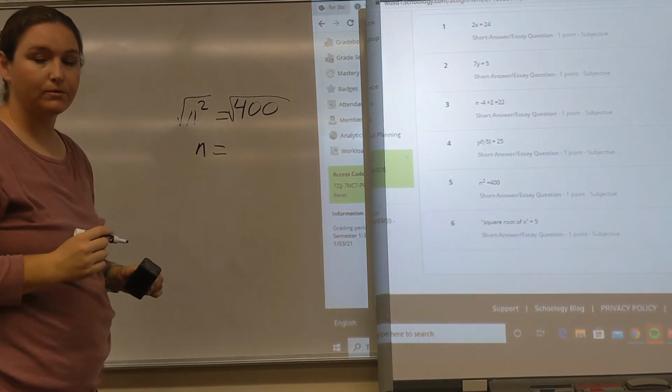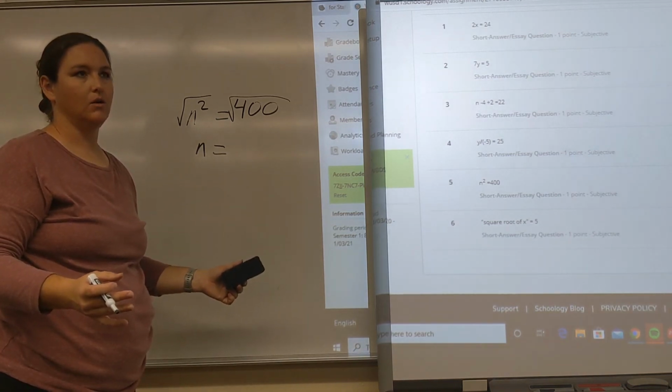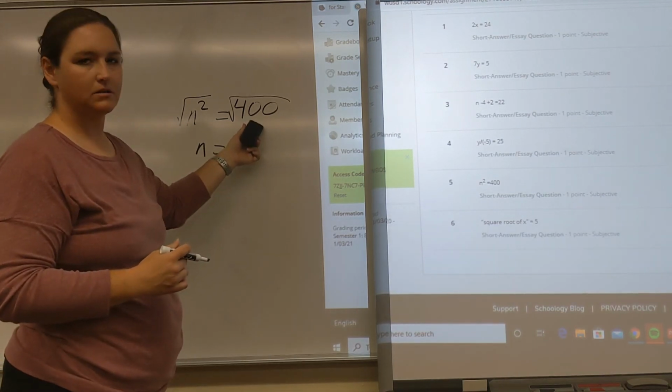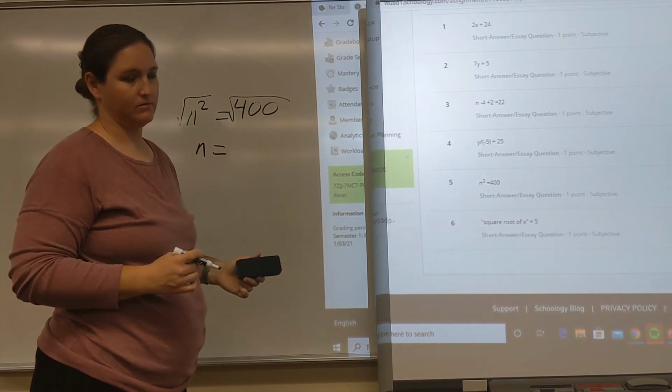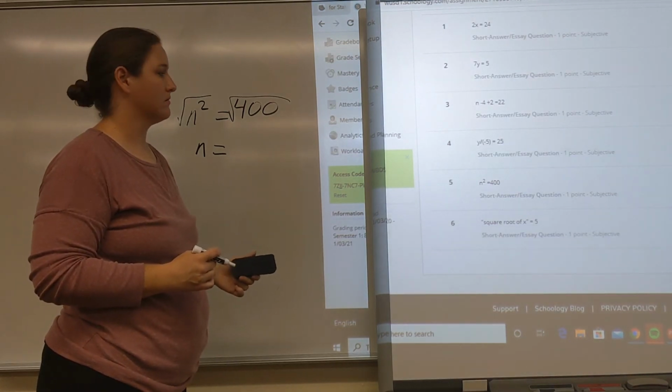What is the square root of 400? What times itself is going to equal 400? Think about it for a second.